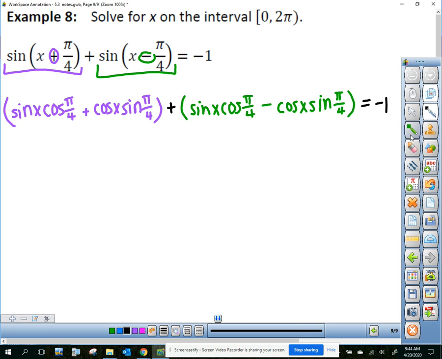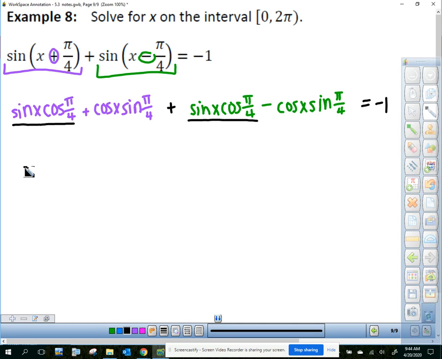So you can drop the parentheses, you can write a whole new line without the parentheses. I'm literally just going to erase them because I can do that on this computer easily. It's going to save us some time. All right, so without the parentheses now, I see two like terms here. Okay, sine of x cosine of pi fourths, it's there twice.